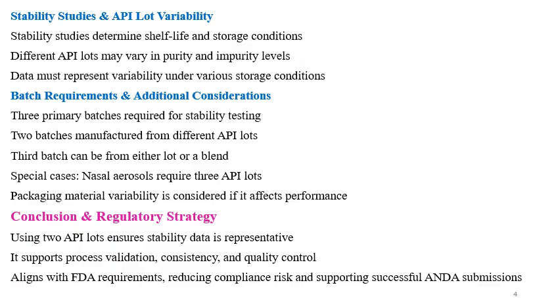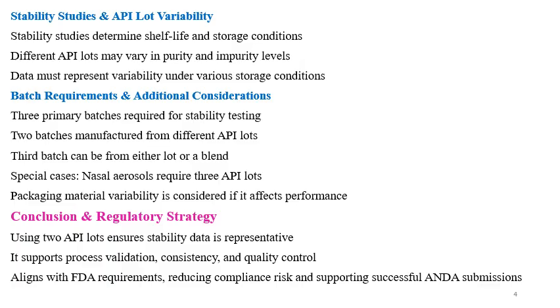Batch requirement and additional considerations. 3 primary batches are required for the stability testing. 2 batches are manufactured from different API lots. The third batch can be from either lot or a blend of the two. Special cases like nasal aerosols require 3 API lots because in this case the API lots have a great impact on the CQAs.